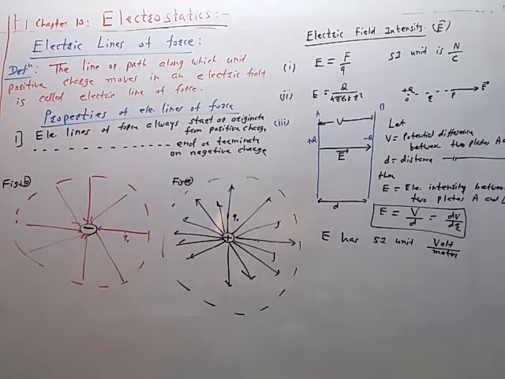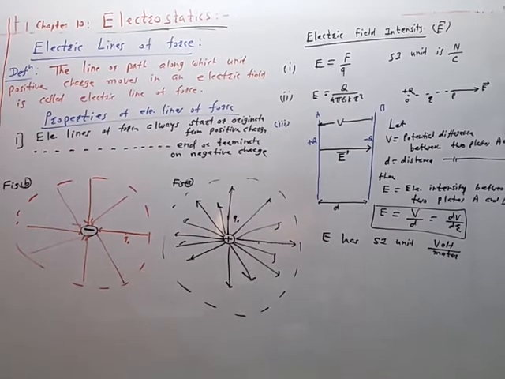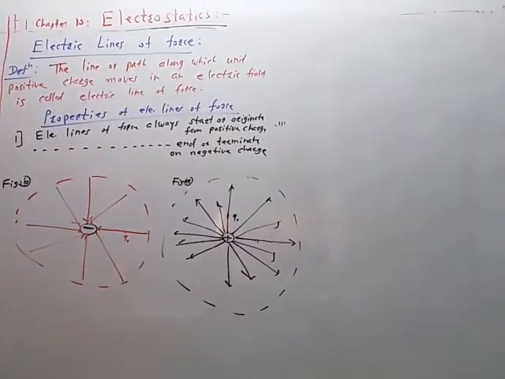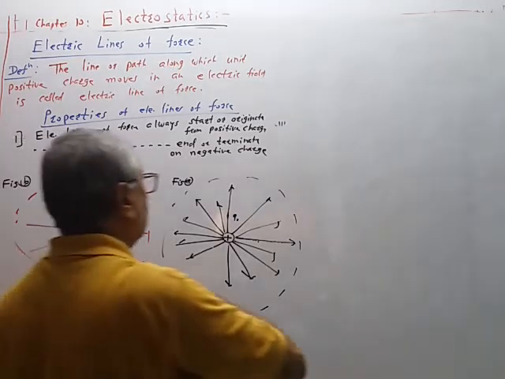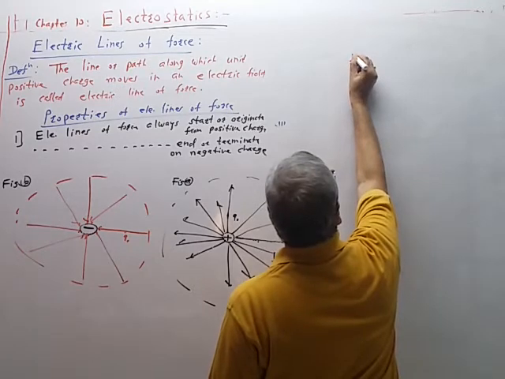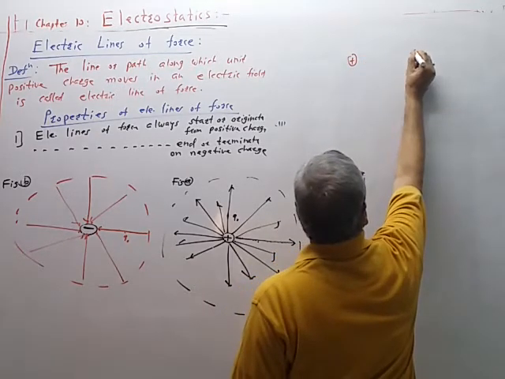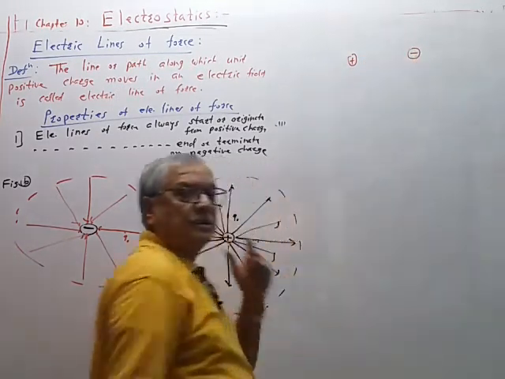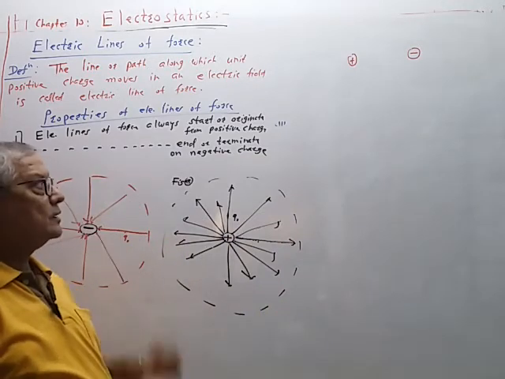Now, if we consider the system of charges, then what are the additional properties? So next we will consider the system of two charges. What is the nature of the lines of forces? Suppose this is a positive charge and this is a negative charge. So this is a system of 2 point charges, one is positive, other is negative.